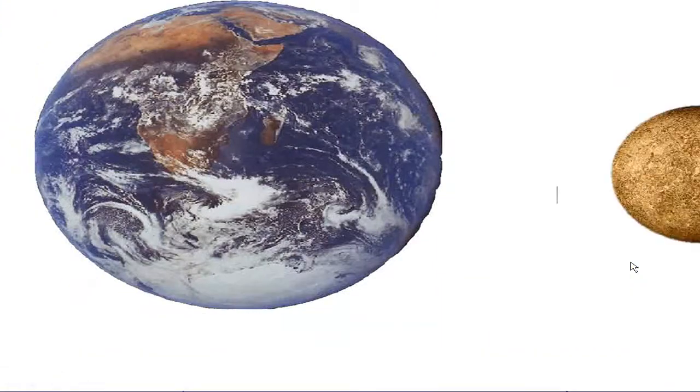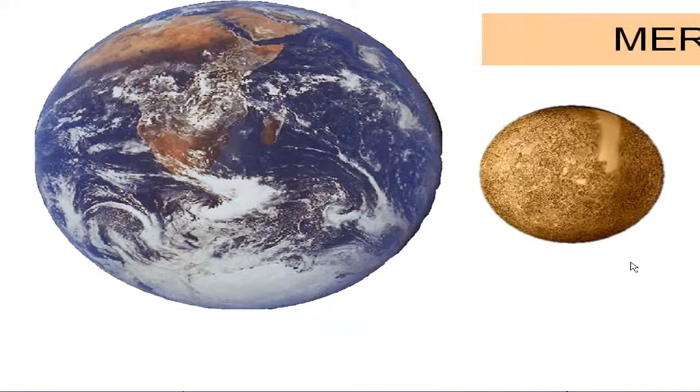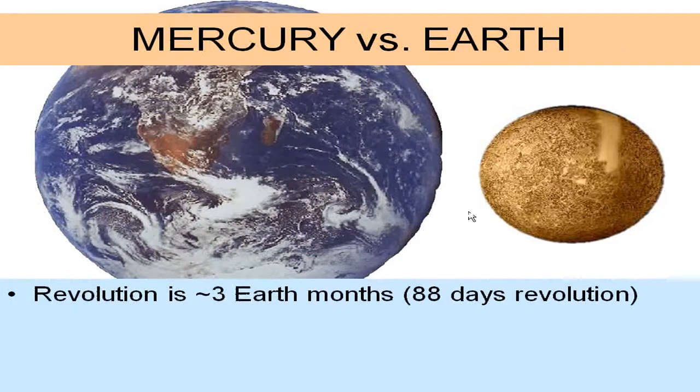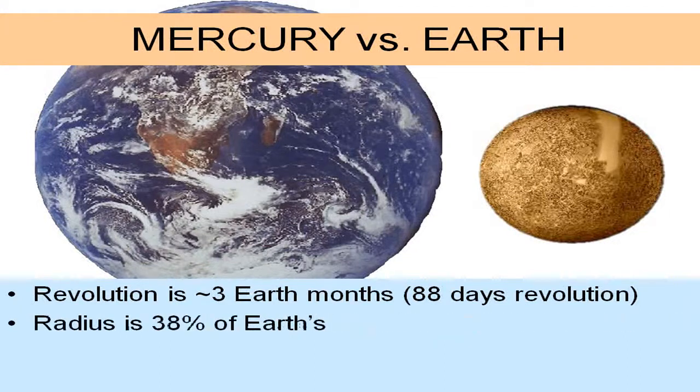Here's a comparison of Mercury to the Earth. Revolution of Mercury is about 3 Earth months, or 88 days to go around the Sun. That means Mercury will go around the Sun 4 times in the time that the Earth goes around the Sun once. Radius of Mercury is about 38% that of Earth, so approximately on the order of 40% of Earth's.